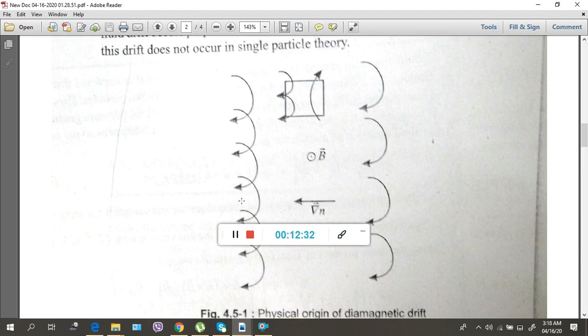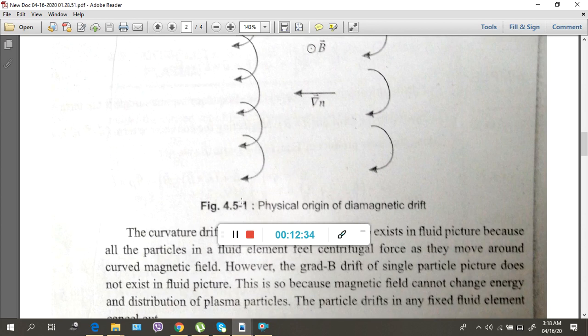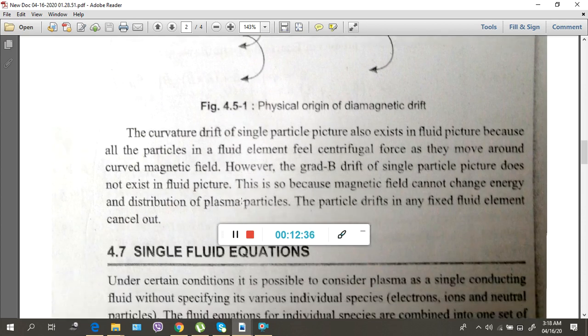The curvature drift of the single particle picture also exists in the fluid picture, because all the particles in a fluid element feel centrifugal force as they move around a curved magnetic field. However, the gradient B drift of the single particle picture does not exist in the fluid picture.